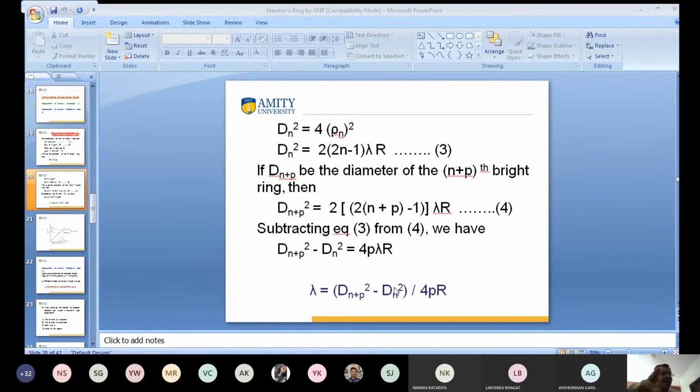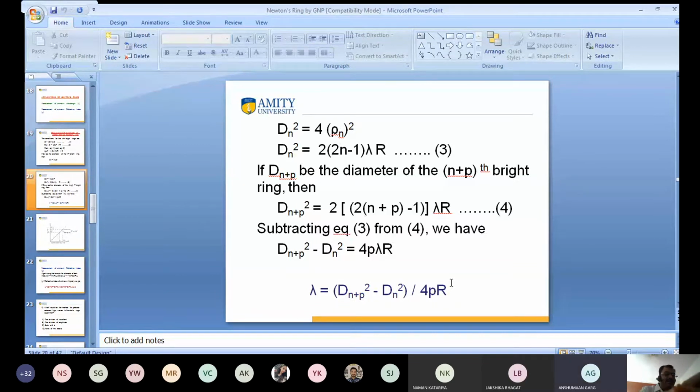Numericals and many questions will be asked on this. This formula is also used in your physics lab for the calculation of the wavelength of sodium light.